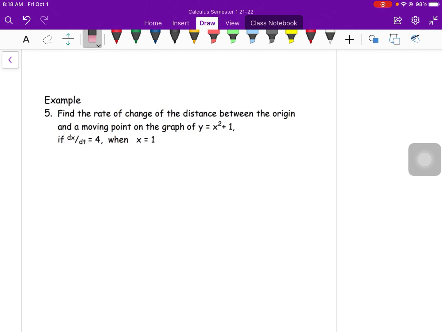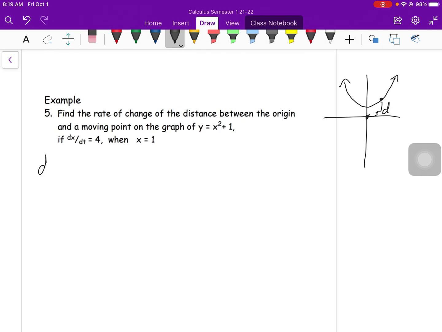So, the rate of change of the distance between the origin and a moving point on the graph of x squared plus 1. Off to the side, I'm going to draw a quick sketch of x squared plus 1. All right. My origin is here, and then I'm going to have some point there, and I'm finding that distance.